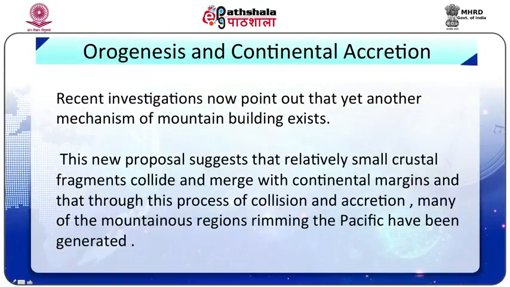Orogenesis and continental accretion. Recent investigations point out that yet another mechanism of mountain building exists. This new proposal suggests that relatively small crustal fragments collide and merge with continental margins, and that through this process of collision and accretion, many of the mountainous regions rimming the Pacific have been generated.